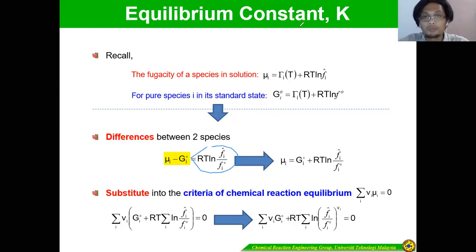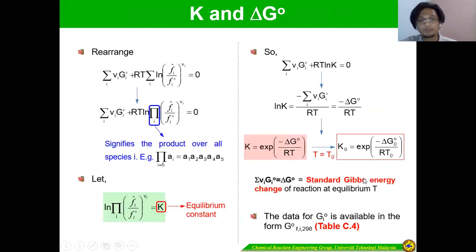So from these equations, we substitute into the criteria of chemical reaction equilibrium. If you remember, in equilibrium, the chemical potentials, and the Gibbs energy change, equal 0. Chapter 11, you have to remember that. This one is for the mixture, regarding the chemical potential.